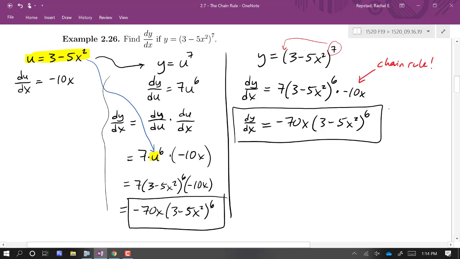But in practice, there's a lot of this middle work we can cut out and just say, oh, I'm thinking about this just using the power rule. The general power rule is the chain rule, but just applied to u to the n, if that makes any sense. It'll make more sense when we get into chapter 4, when we're starting to work with other types of functions.